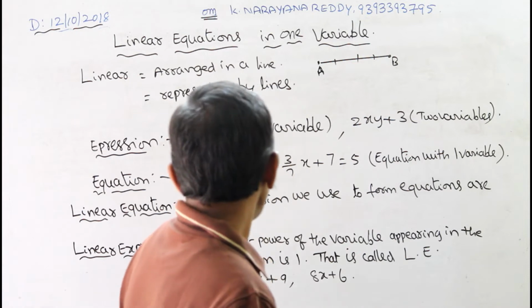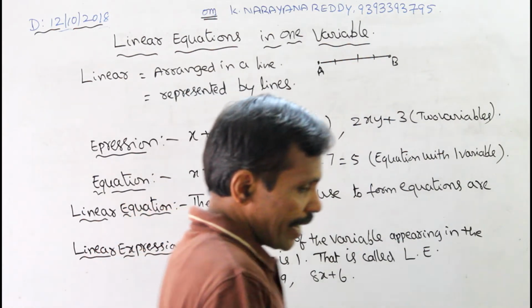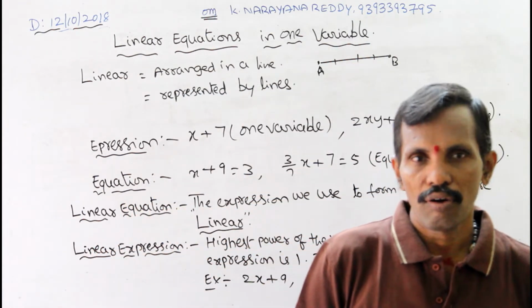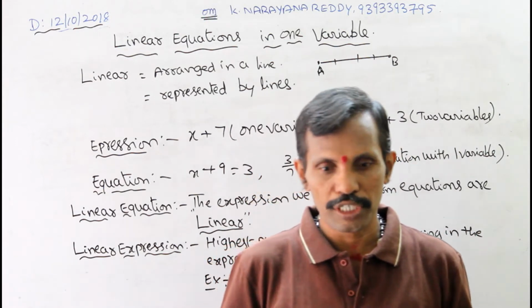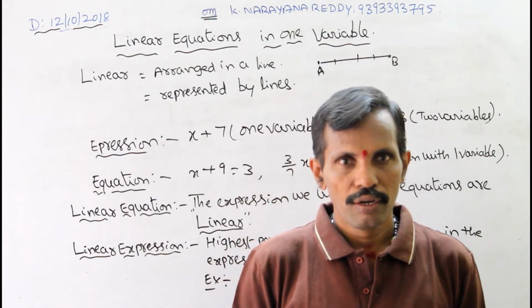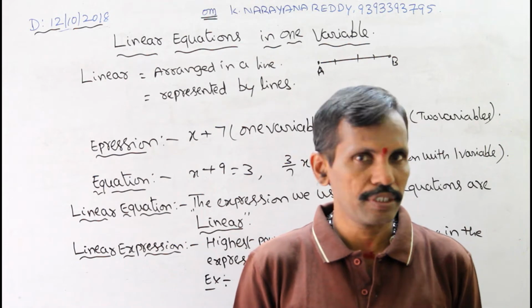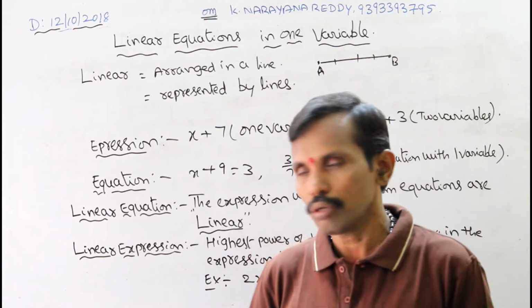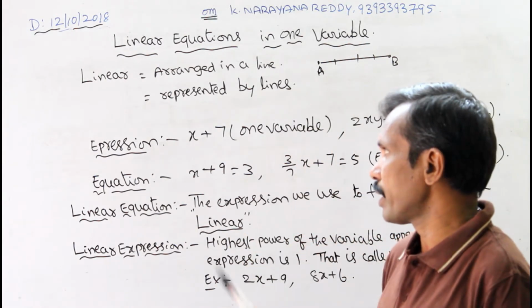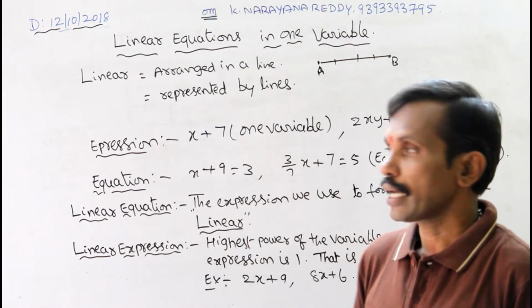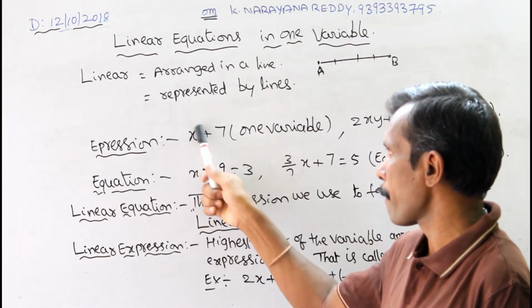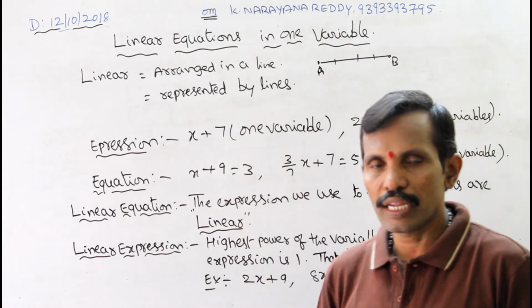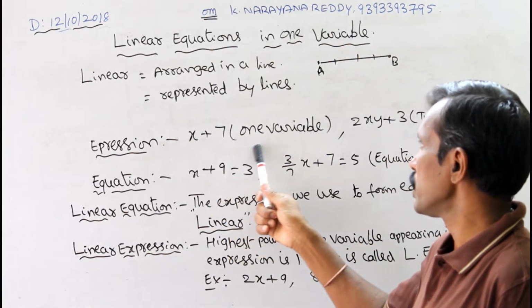Again, expression. Already I told you in last classes what is an expression, what is an equation, and the difference between equation and expression. But I will tell you something about it now. Expression is nothing but, for example, x plus 7, containing one variable. Here x is a variable, so it has one variable.